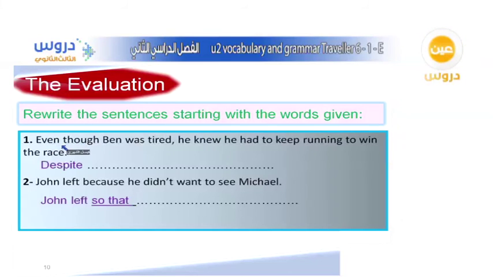So, number 1, even though Ben was tired, he knew he had to keep running to win the race. So we need to use despite, as you have watched in the video, how to write the two sentences in one using, for example, despite.